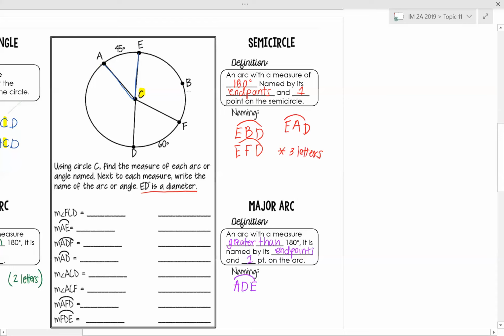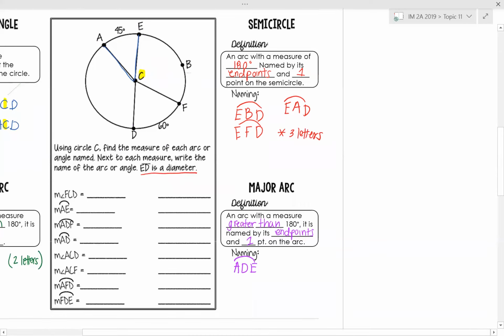And again, I could replace that D with any of the other letters that are in between A and E if I go that direction. So I could do A, F, E, I could do A, B, E. I'm not going to write out all of those possibilities though, but I will do another arc. So if this arc is 60 degrees, then I know that the rest of the circle's 300 because a full circle is 360.